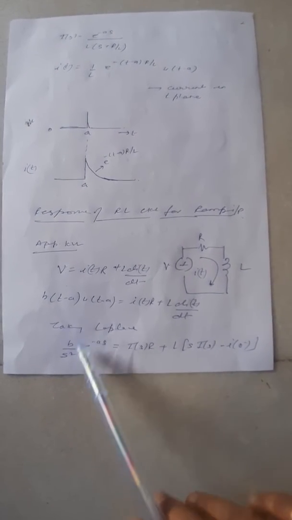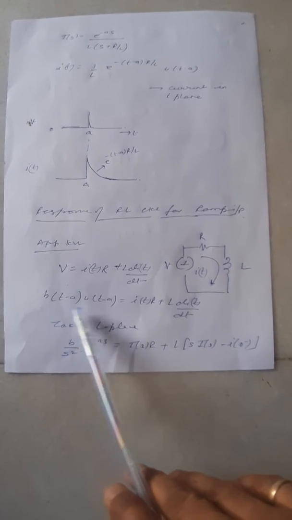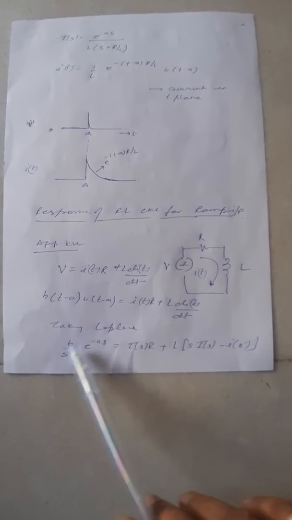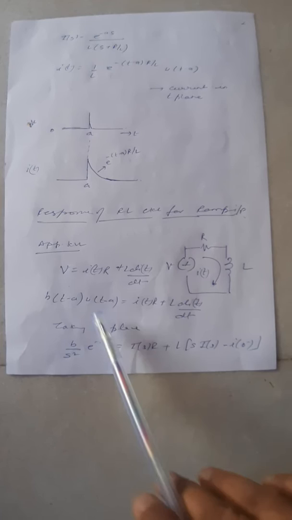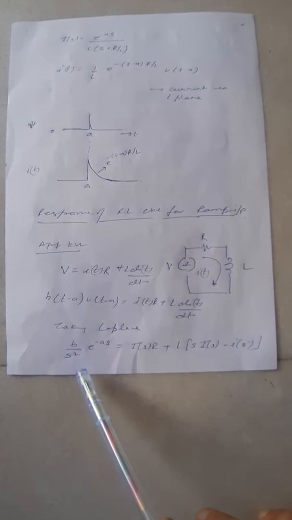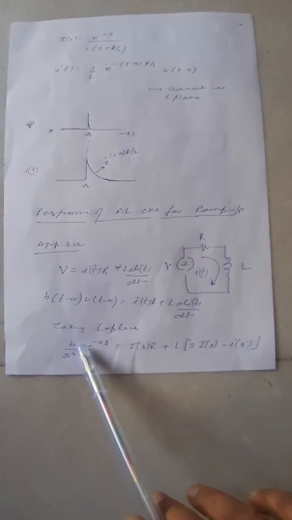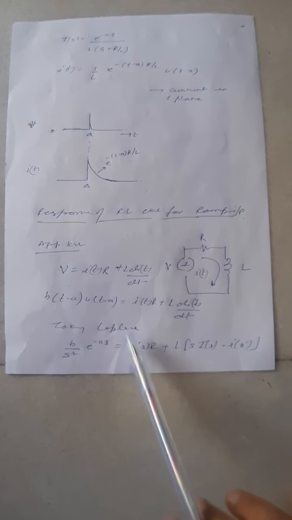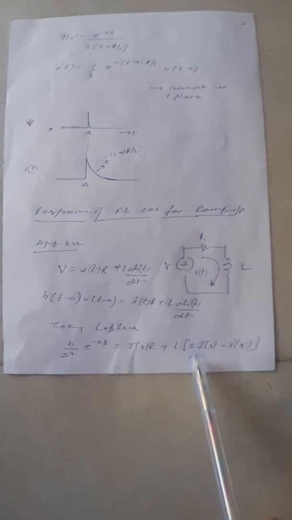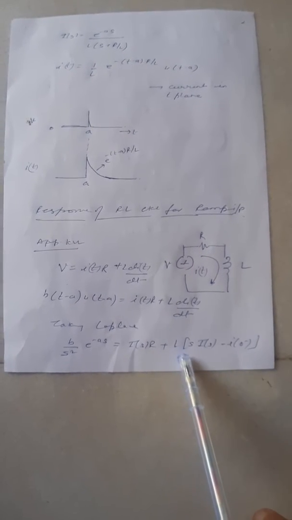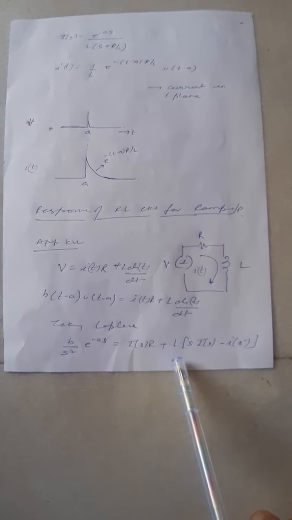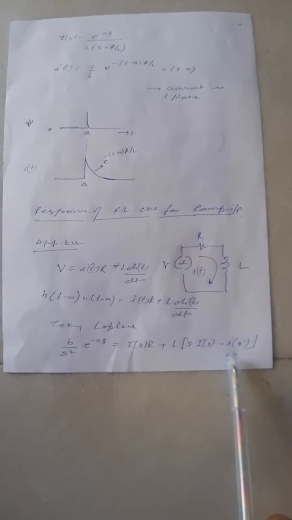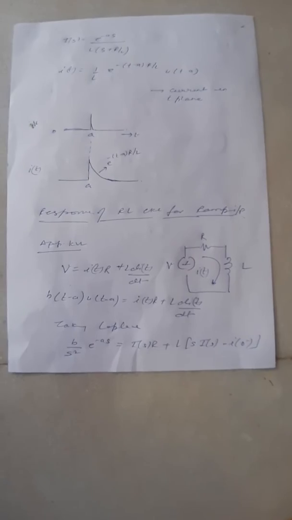So taking the Laplace of this equation, B(t − a)u(t − a), we have already discussed in class that the Laplace of this function is B upon s squared times e^(−as). iR plus L di/dt after Laplace comes out to be I(s)R plus L[sI(s) − I0]. I0 is again 0.